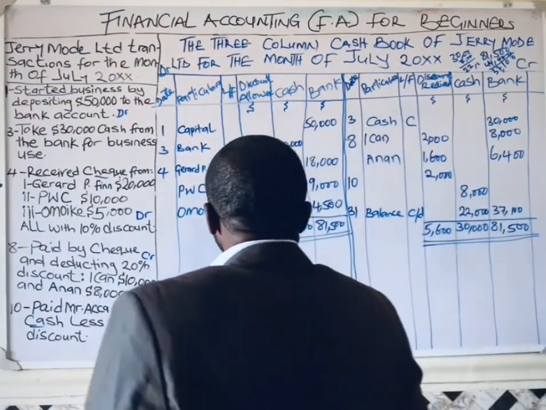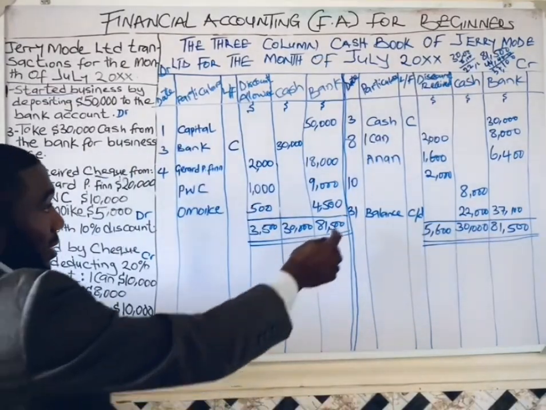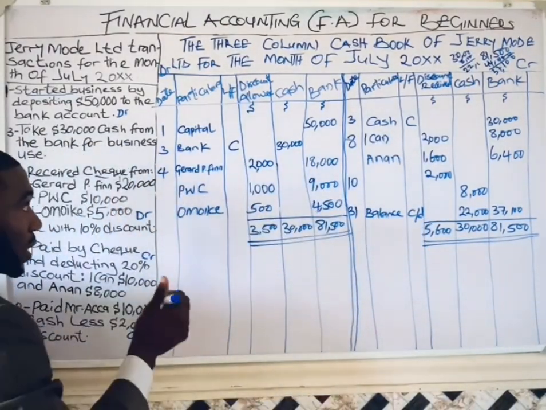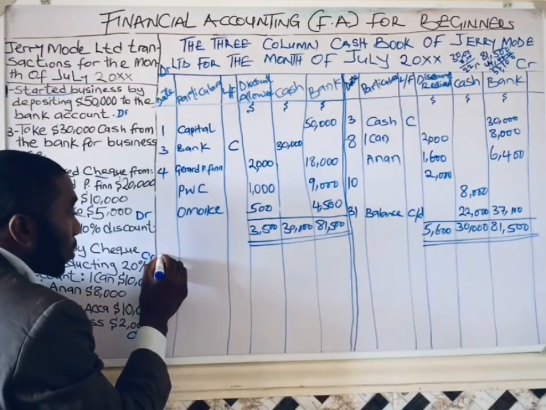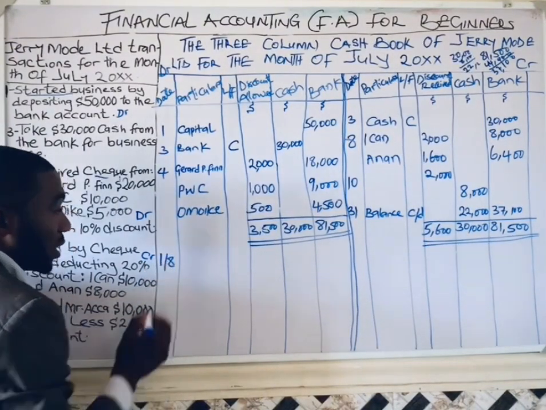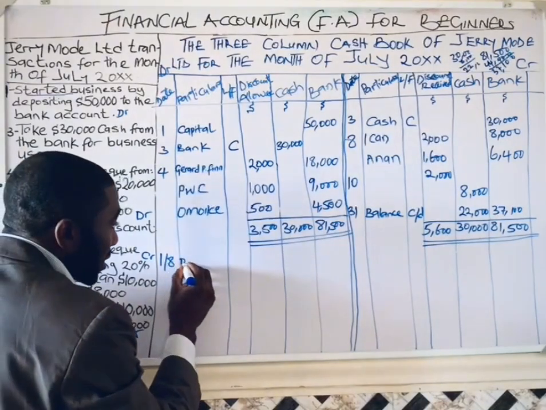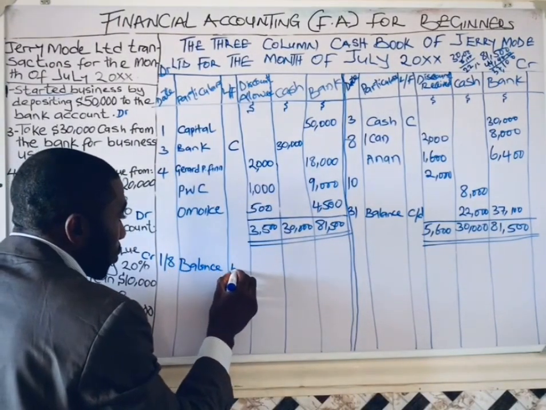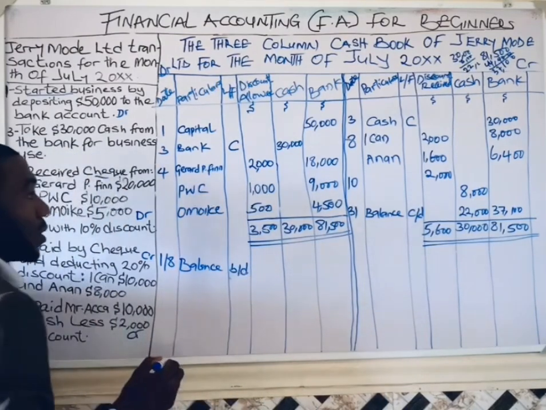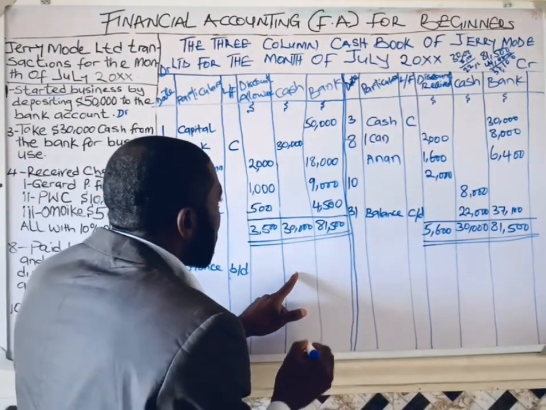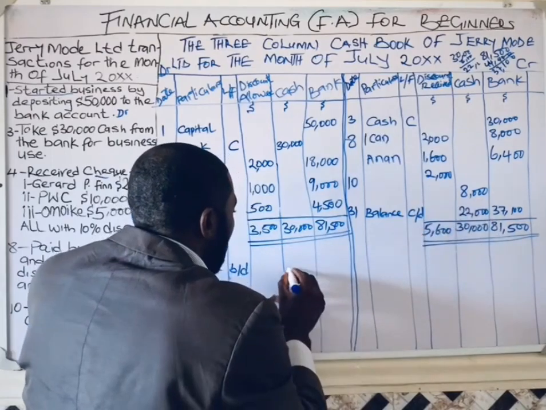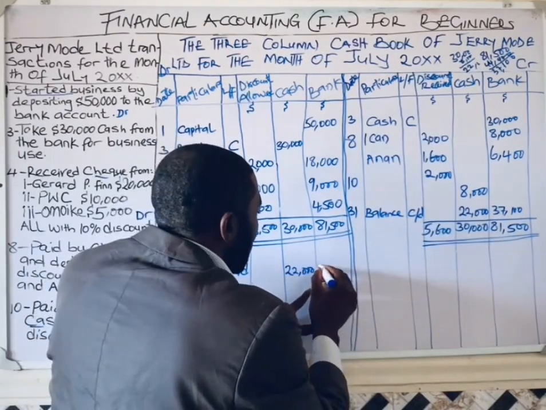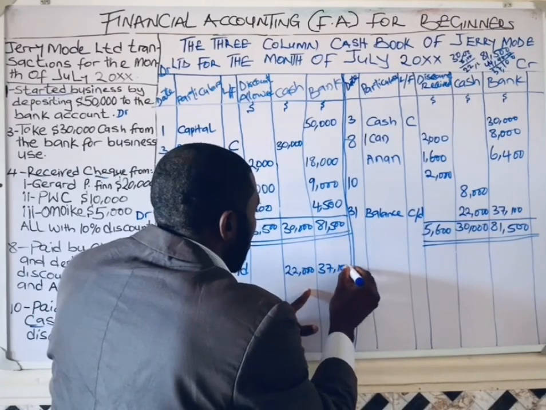So now, the next month, the balance carried down will be balance brought down. That is on the 1st of August, 20XX, our balance brought down will be, for cash, $22,000, and for bank, $37,100.